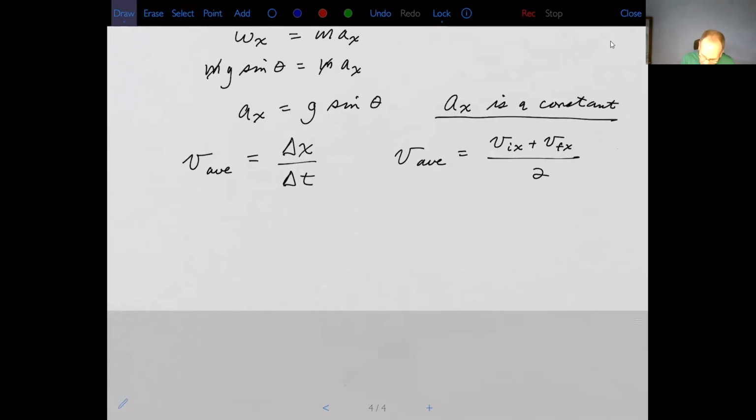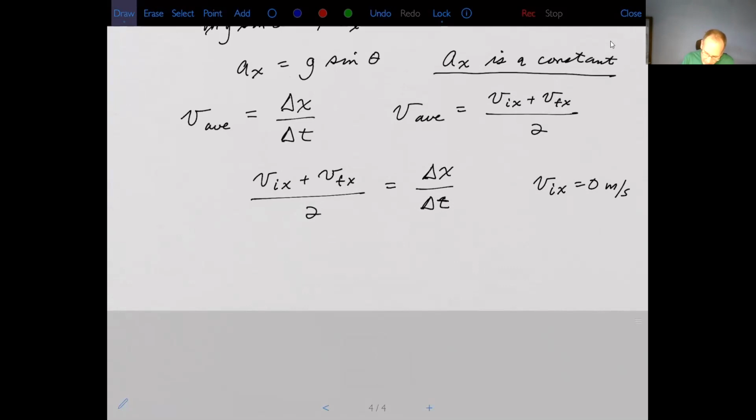Then I set these equal, because they both represent average velocity. And then I can make one more simplification. Remember that the cart is starting at rest, so v initial in the x is 0.